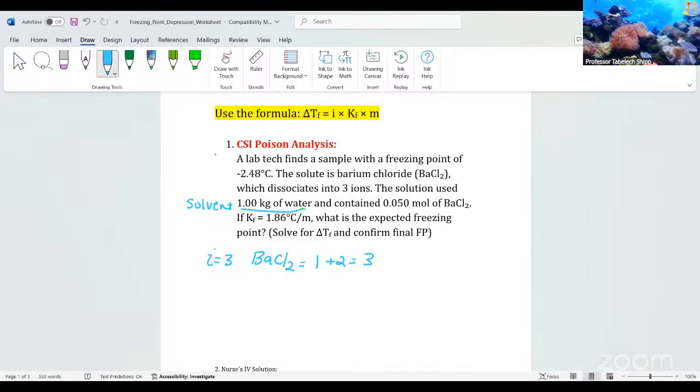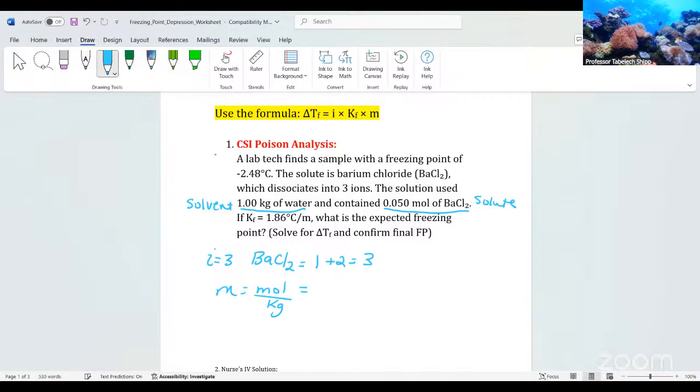And then they also told us the moles, 0.050 moles of barium chloride, and this is your solute. Remember, molality, this little funny shaped m, is equal to the moles of your solute divided by the kilograms of your solvent.